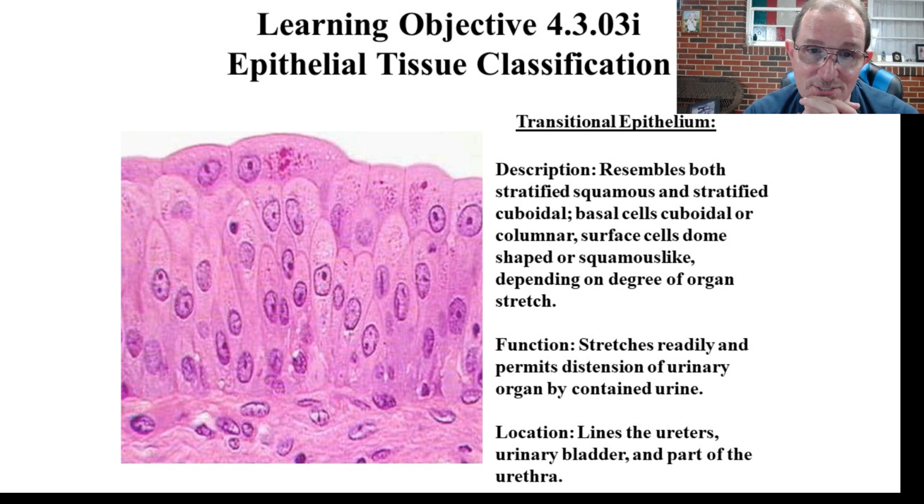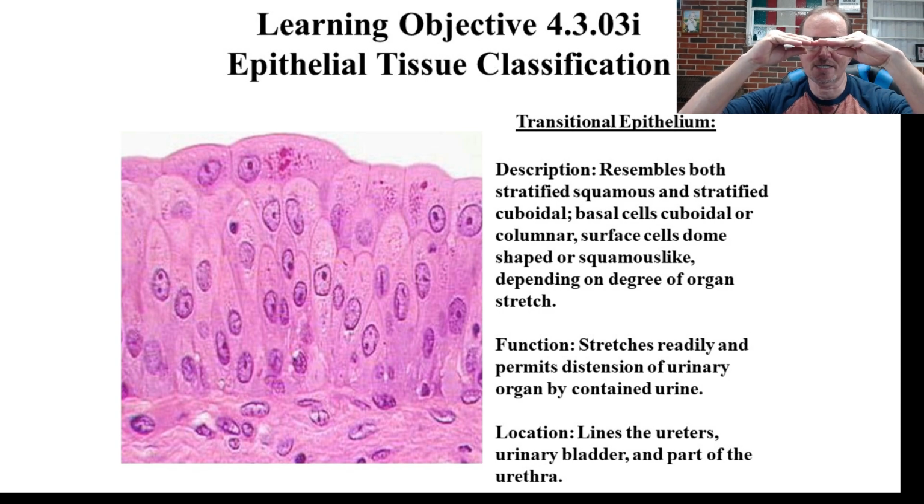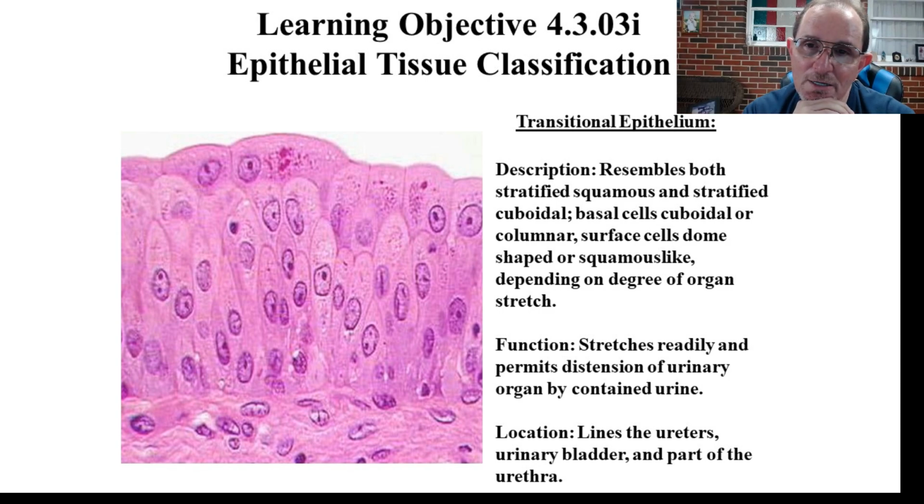It looks like stratified squamous and stratified cuboidal. The way you identify these guys is they make these kind of dome shapes, and some of them will have two nuclei. This is what happens: they are dome shaped, and then they stretch and flatten out.